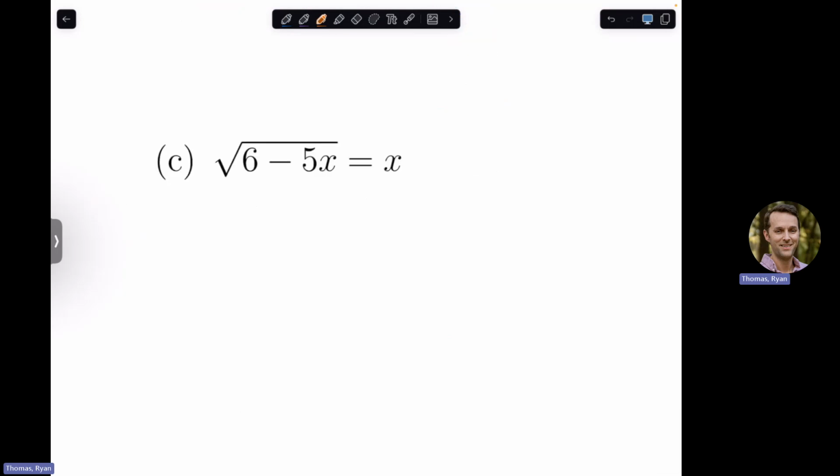Talk to me about what we can do here then. So first thing is, similar to what we talked about with the domain thing yesterday, right? Number one is think about what kind of thing we're dealing with. Here, the part that makes me the most nervous is this thing, right? Well, I've got a square root in there, so I know I'm going to have to square to get rid of it.